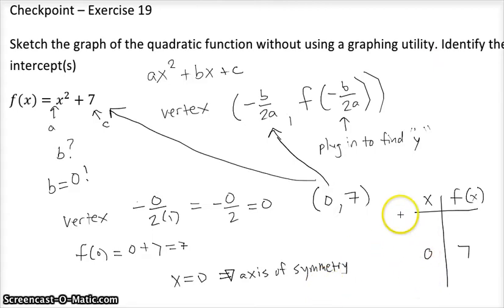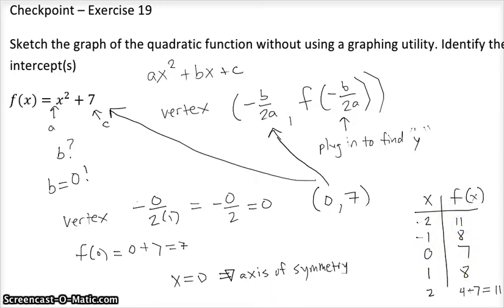Now I'm going to plug in a couple points so I can get an idea of what this looks like. If I plug in 1 into this equation, I get 1 squared plus 7, that's 8. Due to properties of symmetry, if I plug in negative 1, I get the same thing back. If I plug in 2, 2 squared is 4 plus 7, which is equal to 11. If I plug in negative 2, I get the same thing back, which is 11.